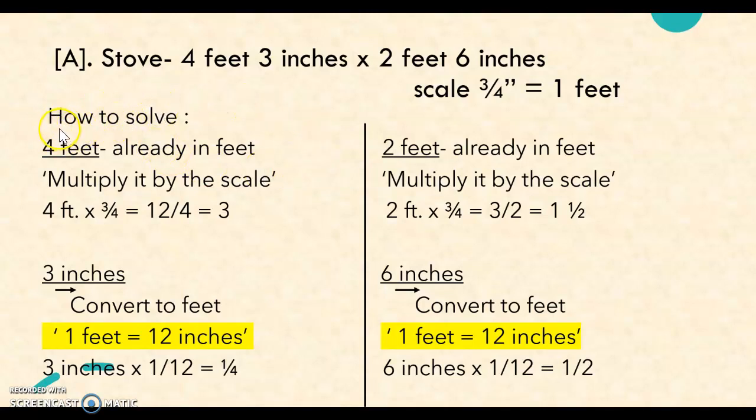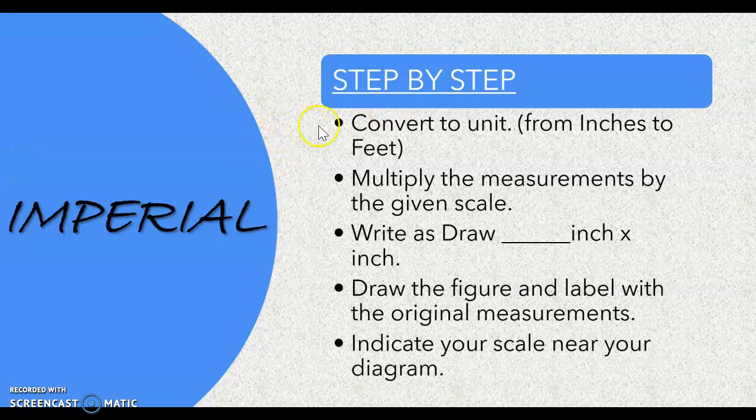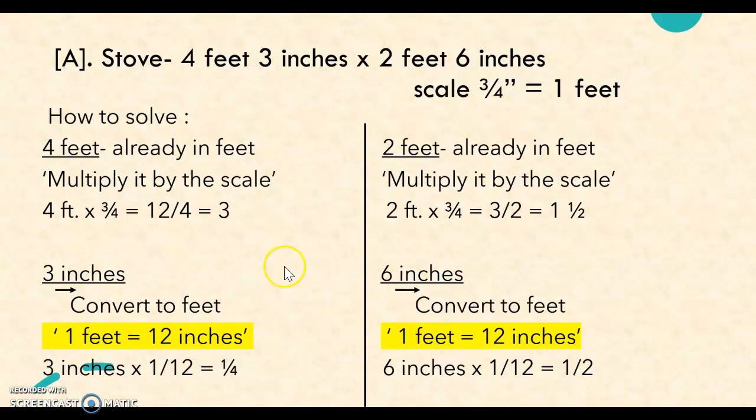Now we'll be converting our units by the given scale. So here we start how to solve the given problem. By following the 5 steps I have told you earlier, we will be solving it. We'll be taking our measurements or dimensions into two different parts, so that we don't create a mess on our writing sheet.